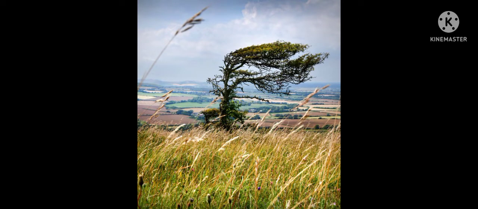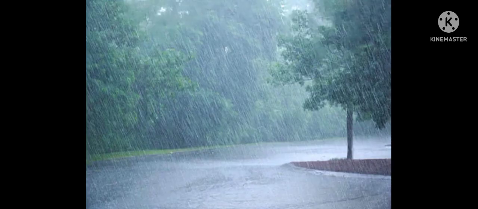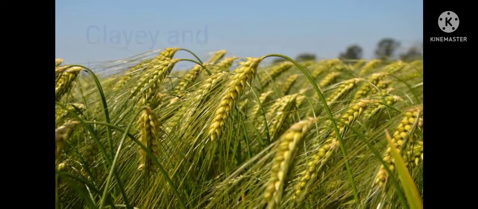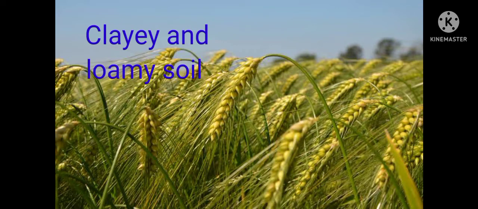Soil is affected by wind, rainfall, humidity, temperature and light. Let's see which soil is suitable for crops. Clayey and loamy soils are suitable for growing cereals like wheat.